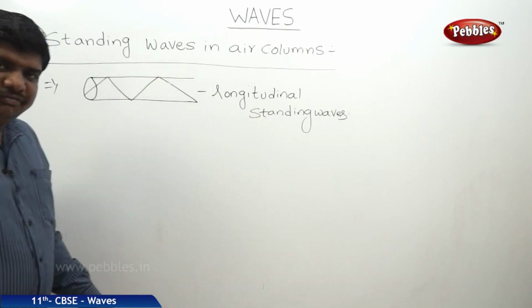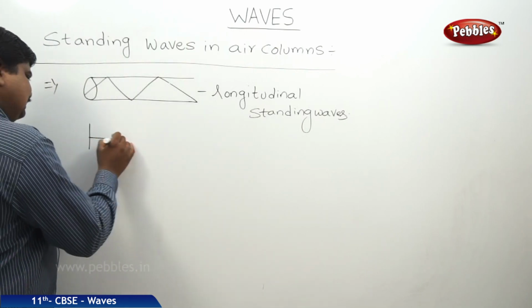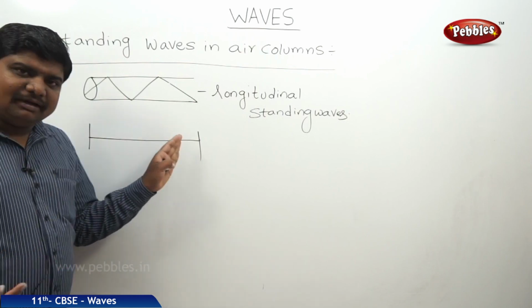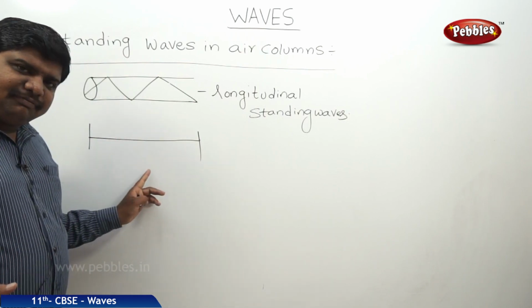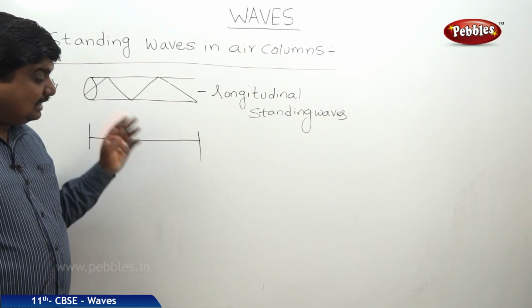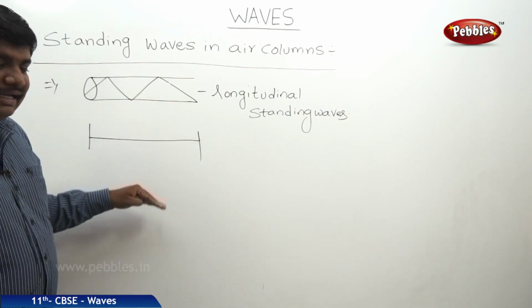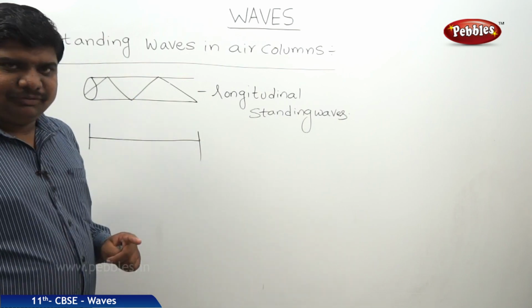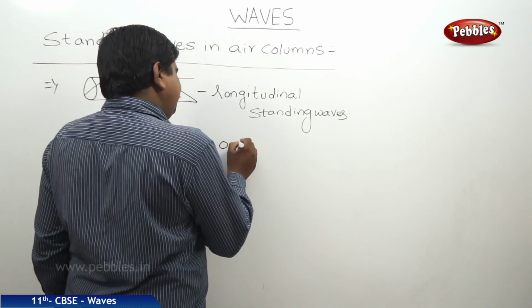But in case of strings, only a few frequencies are reflected back, and those reflected frequencies are mixed with the incident frequencies. Then only they will create a standing wave formation perpendicular to the string. So here only a few frequencies.